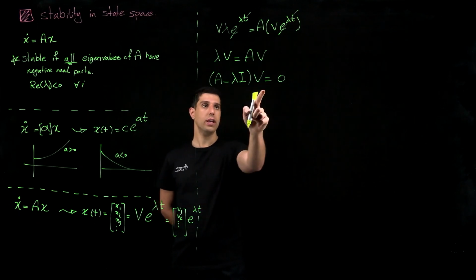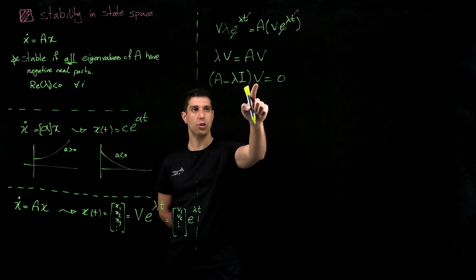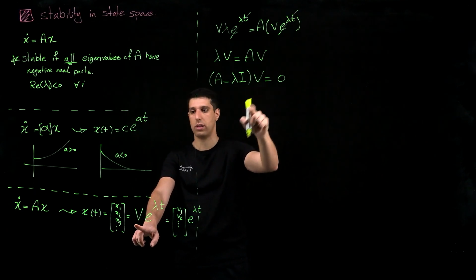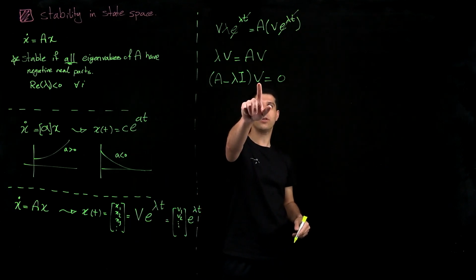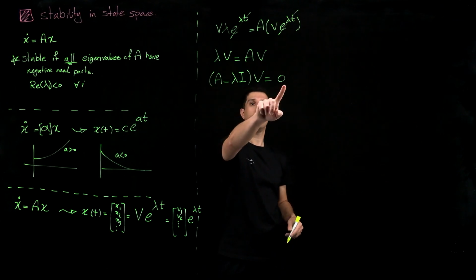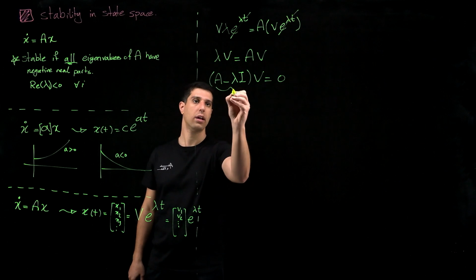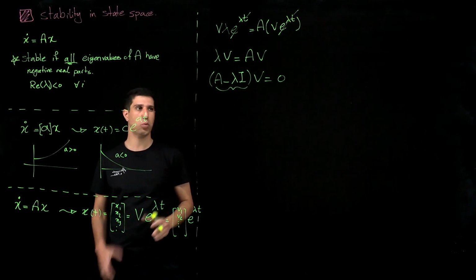So to solve this, obviously we are looking for the solutions where v is not 0. If it's 0, you get x equals 0, a trivial solution. So for some non-zero vector v, if you want this equation to hold, this matrix multiplied by v is a weird one.